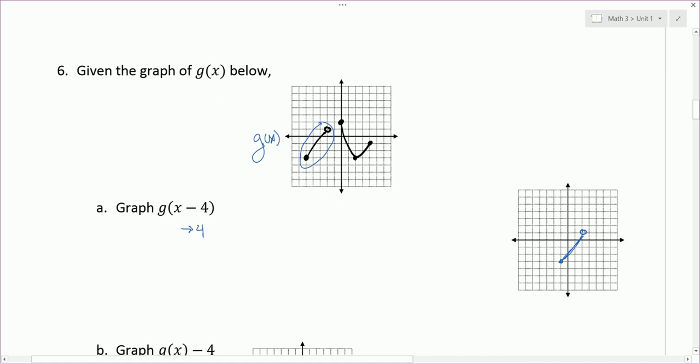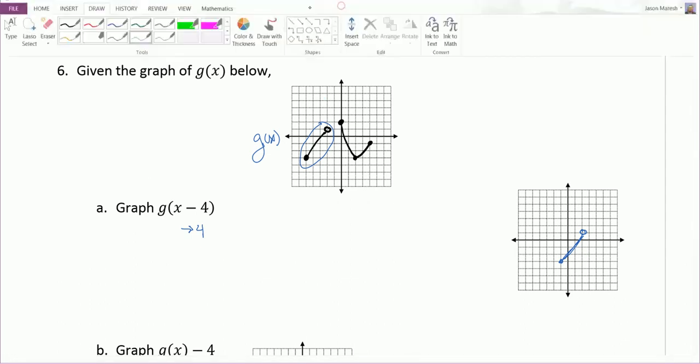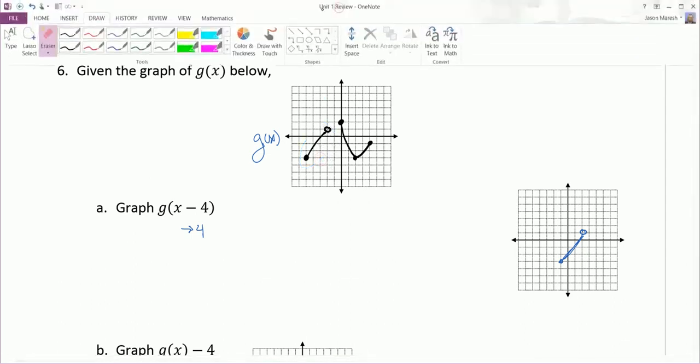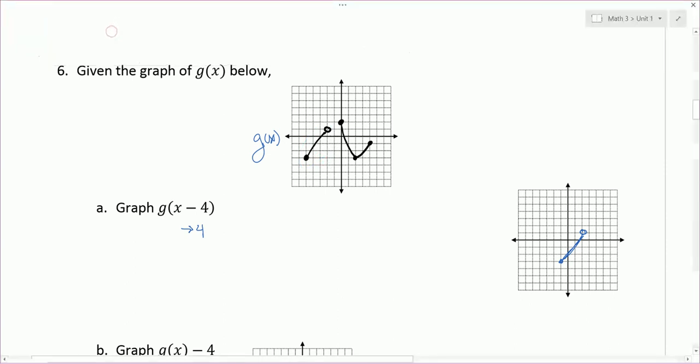You can also look at the relationship between the points. For example, since I have that first part drawn, I can say, well, how do I get from that open circle to that next point? If I go right 2, up 1, I get to that next point. And I can do this again.